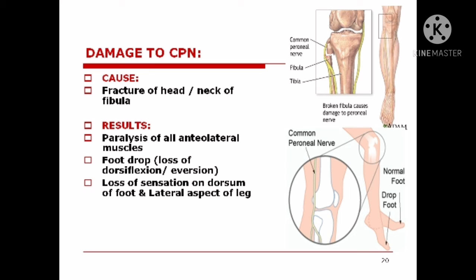The result is foot drop, and the loss of dorsiflexion is the loss of the extensors, and the loss of eversion is the loss of the peroneal muscles. There is loss of sensation on the dorsum of the foot and the lateral aspect of the leg.